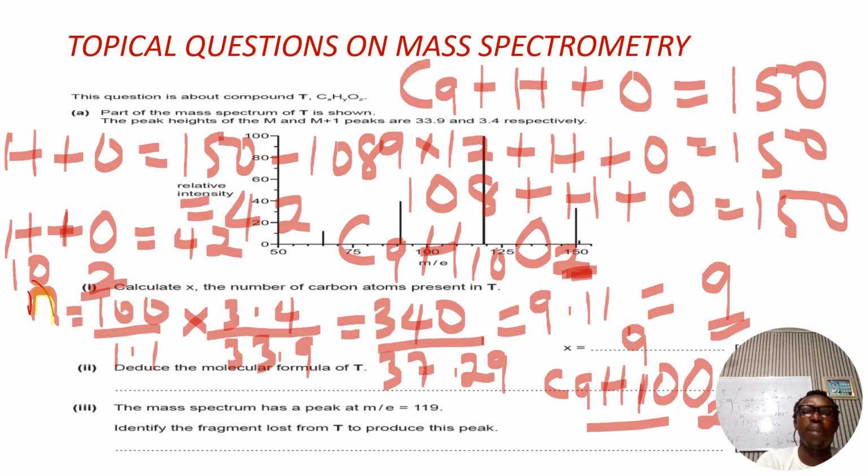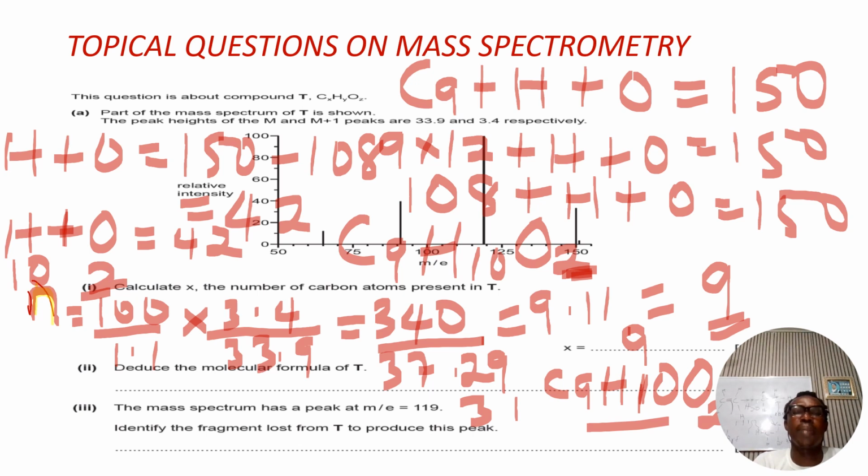So the fragment lost from T to produce this peak has a mass to charge ratio of 31. Now if you look at the compound T, it contains carbon, hydrogen, and oxygen. So oxygen is 16.